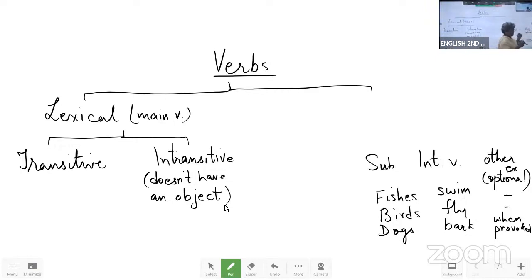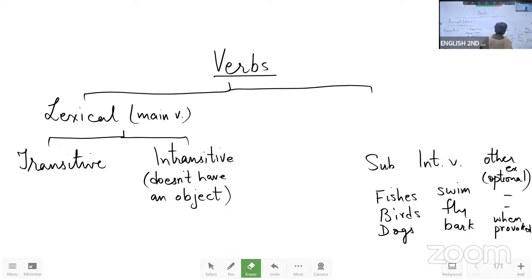So you can leave it blank, or you can write any expression like the sun sets in the evening. Like I said, in the evening is not an object, it's a phrase. So such sentences are known as intransitive sentences.